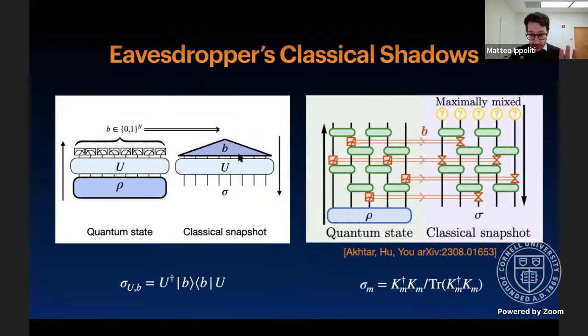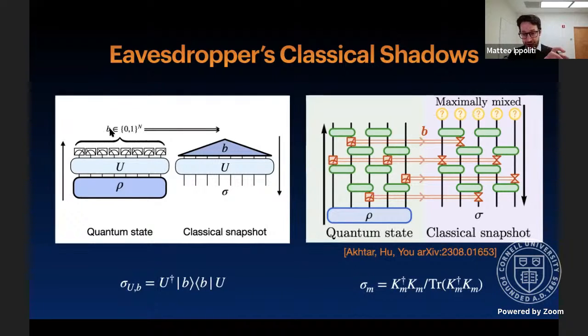To summarize the similarities and differences, we can look at these two diagrams. By the way, the diagram on the right is taken from the paper by Iju and Yu and collaborators, which studies a similar problem to ours and comes to similar results, but has nicer figures, so I'm stealing their figure here. To recap, we have a quantum experiment where time goes vertically in this diagram.